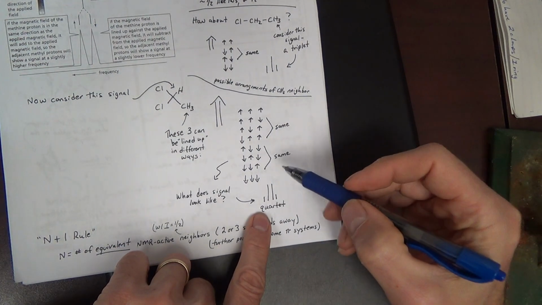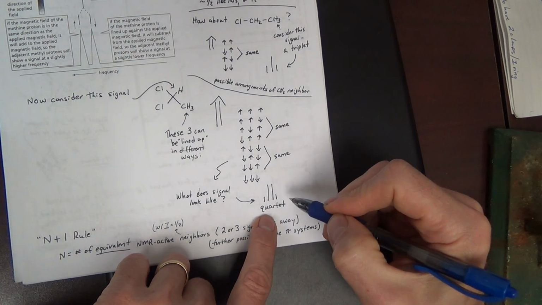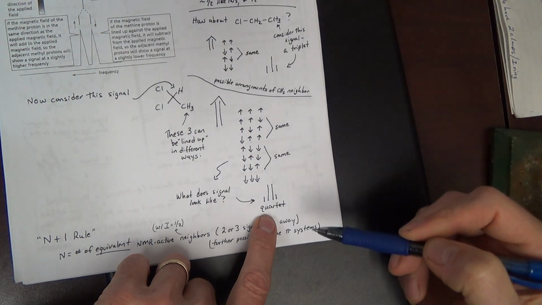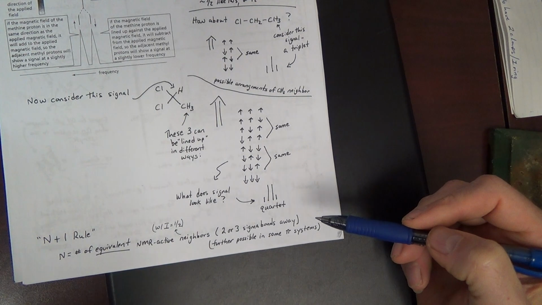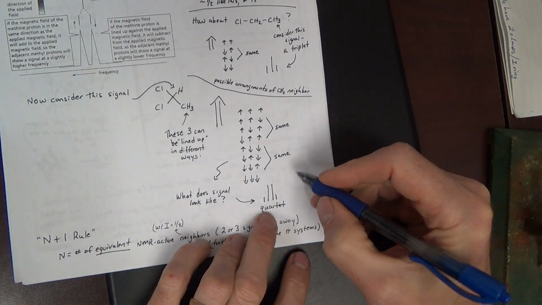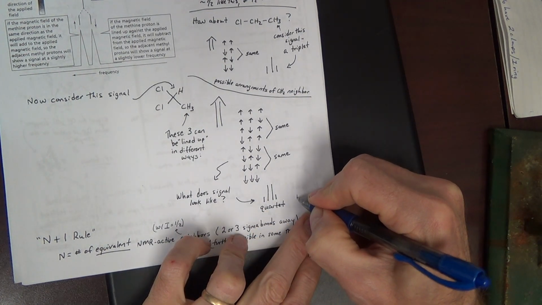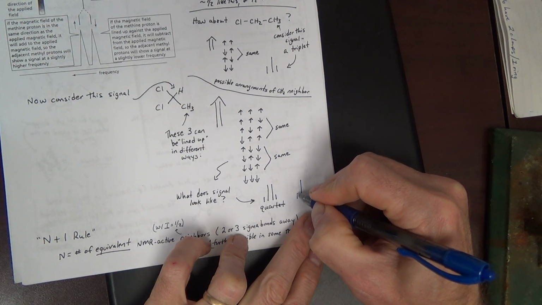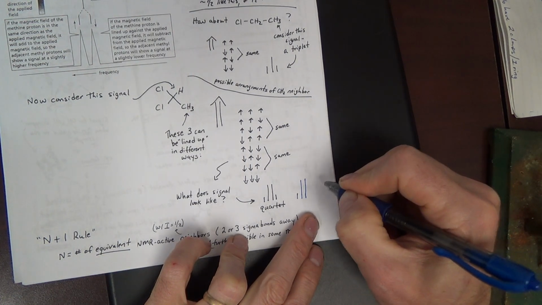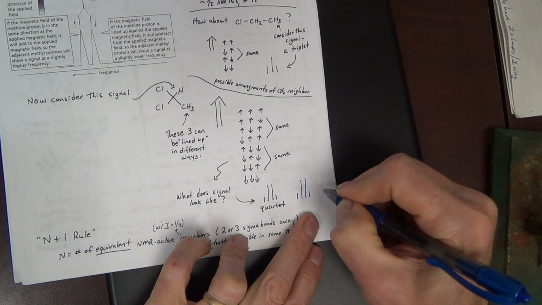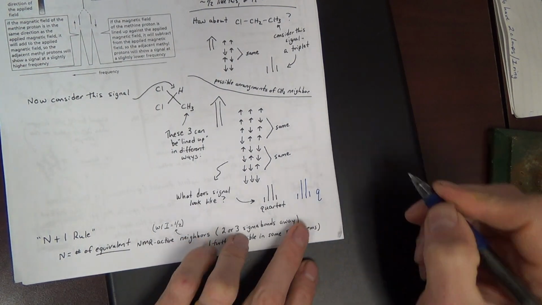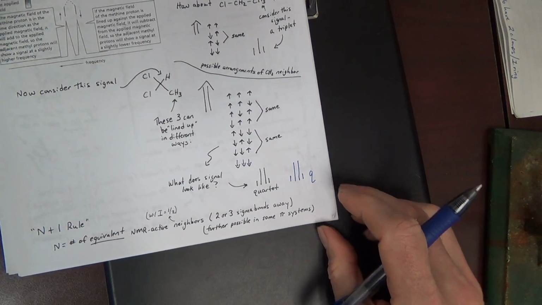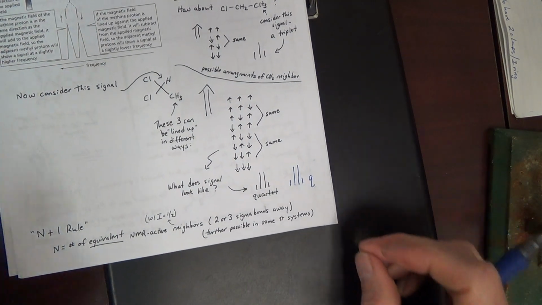And importantly, a quartet is a 1-3-3-1 ratio. So this is 1, and then the middle line is going to be like 3 times the height, 3 times the height, and then this. This is your quartet. This is what a quartet will look like.